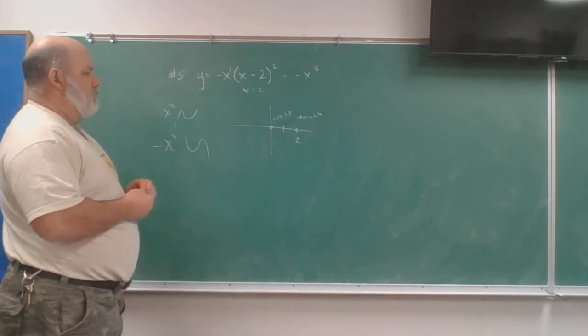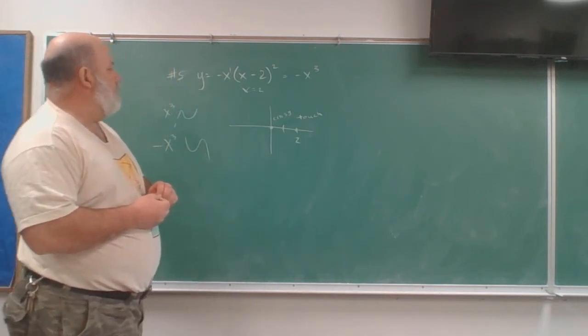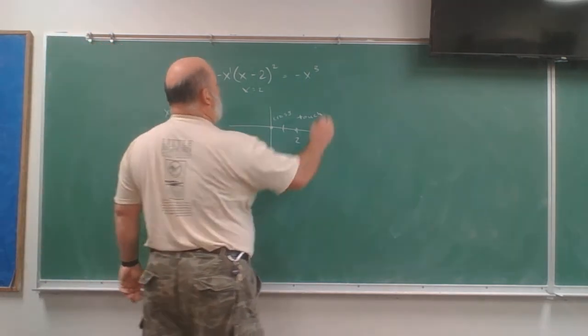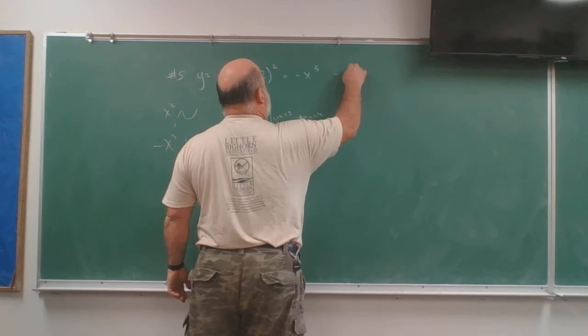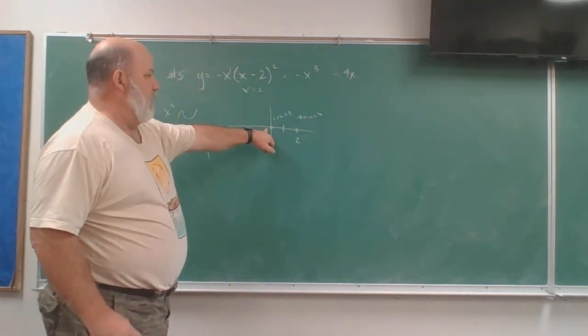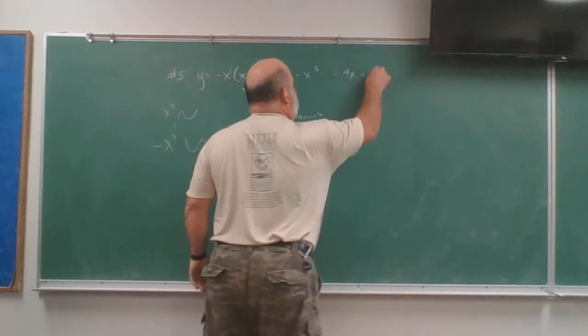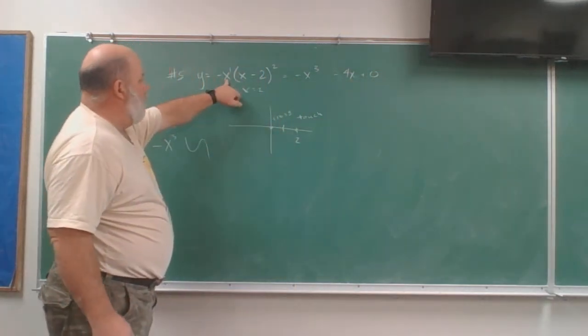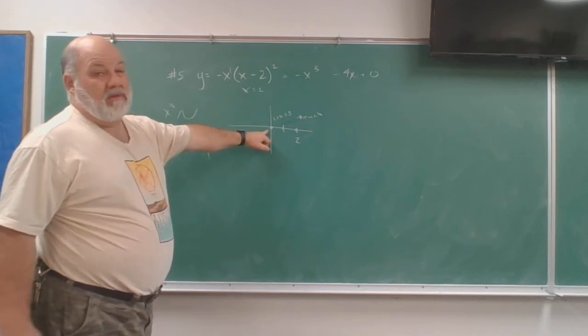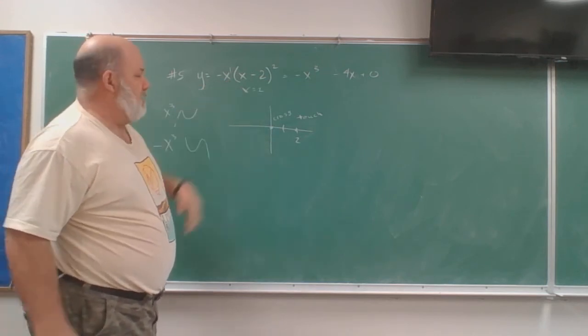Somebody may say, Mr. Harrison, what about your y-intercept? Well, if you multiplied it out, the very last term is going to be negative 4x. There is no constant. It's plus 0. And we saw that right here when we had just negative x equals 0. It's going to cross the y-axis at 0.